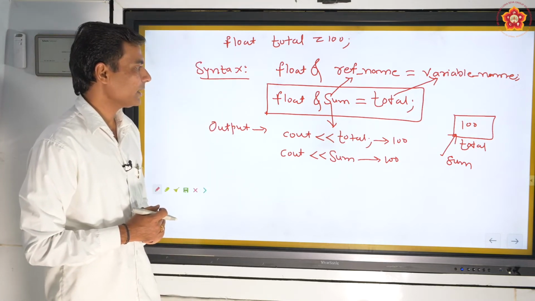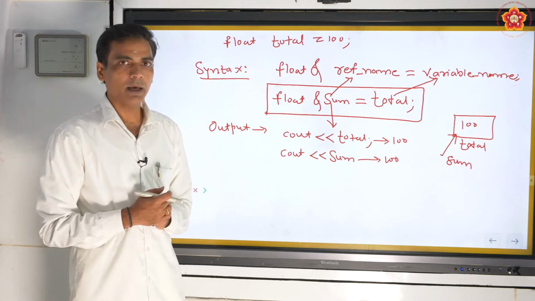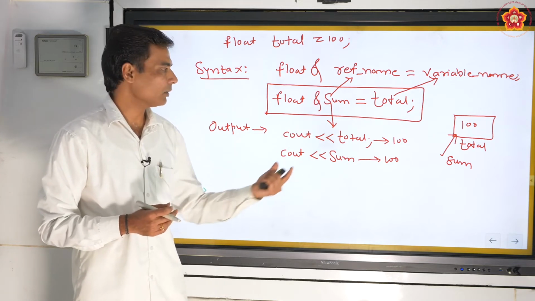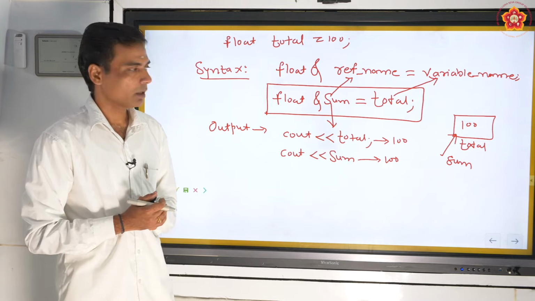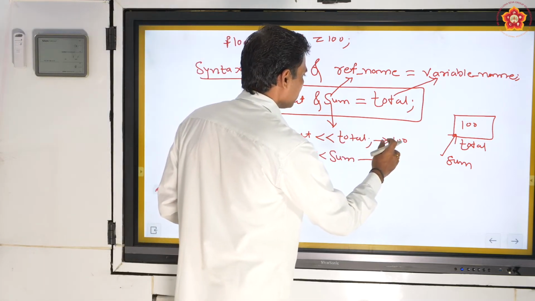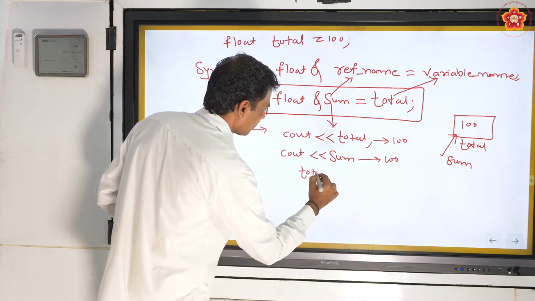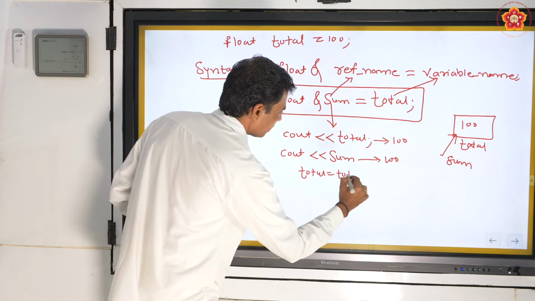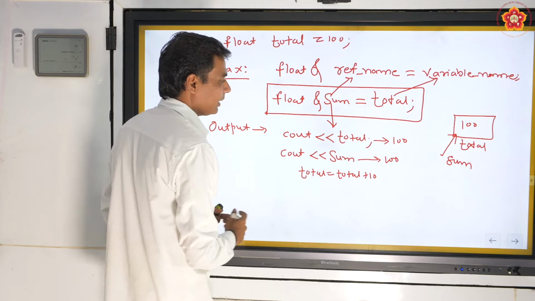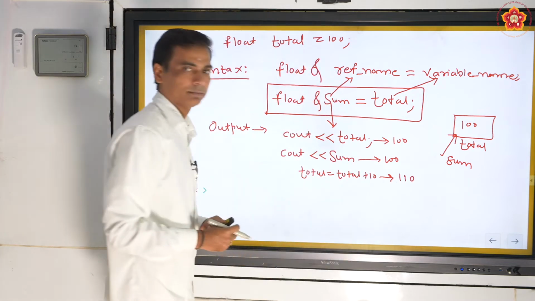One point here is that as both are referring to the same memory location, if I make changes to the contents of the memory location by using one variable, suppose to 100 I am adding 10, suppose I write total is equal to total plus 10, and again I output the contents of total, what will it print? 110.